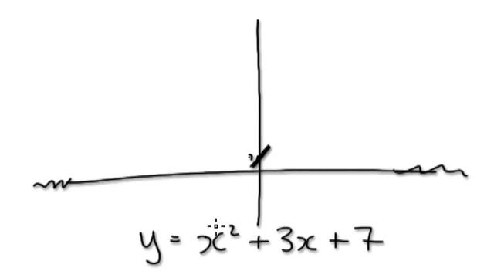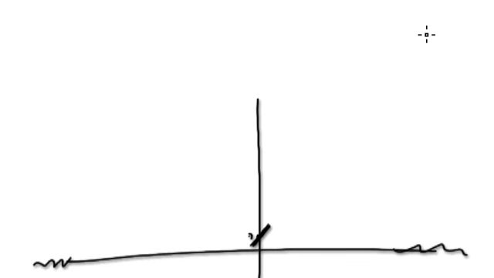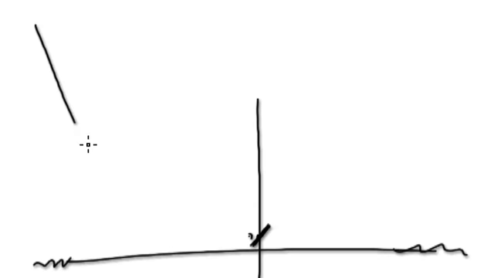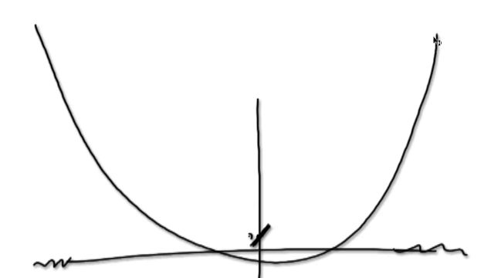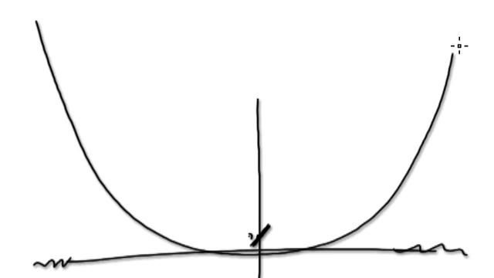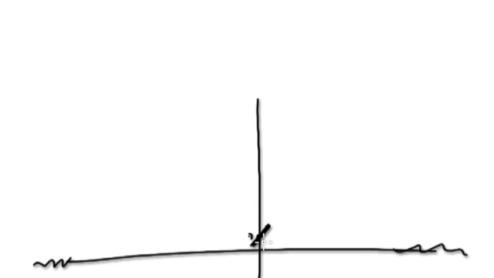Now, when x is big, it wants to follow this personality here, the x squared curve. It wants to do this. But because now you're combining the two, I'm going to guess it will look something like this. But I've got to combine this x squared curve here with this line here.